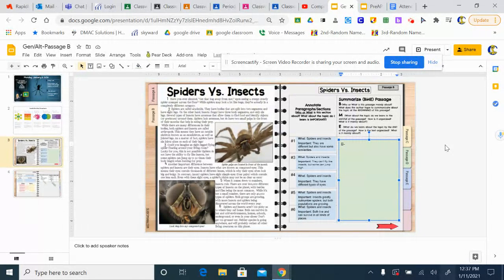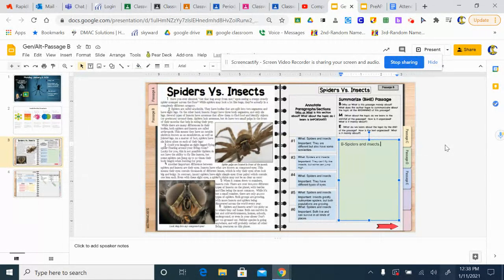Who and what is it about? Well, first we already know that it's about spiders and insects. Okay, what about the spiders and insects that we learned about in the beginning? Well, first of all, we find out that their bodies are different, right?